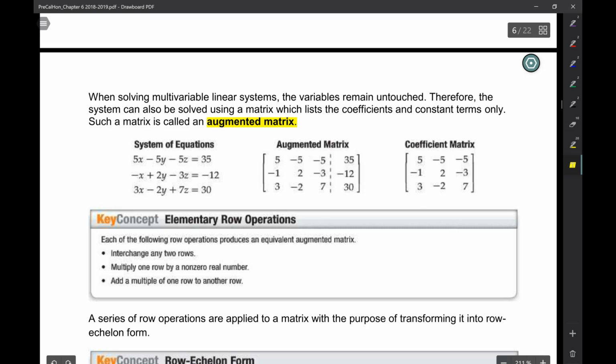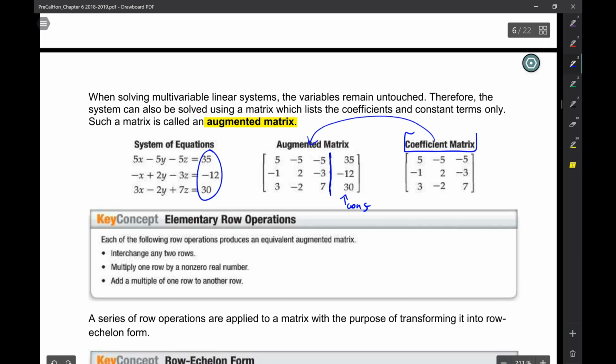On the right-hand side are the constants, right? And then we put a dashed line in the middle to separate them, or it could be a solid line. It's not a big deal. Most of the time I put a solid line. Okay, so that's called the augmented matrix. And then the coefficient matrix is just the one on the left-hand side.